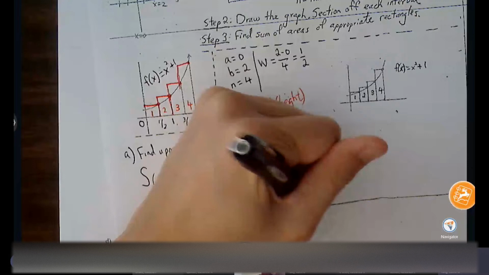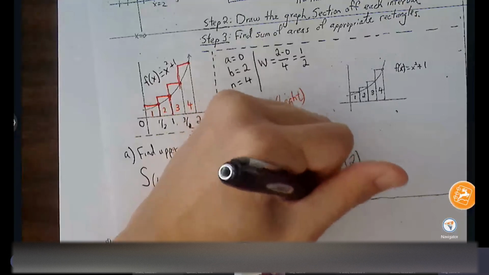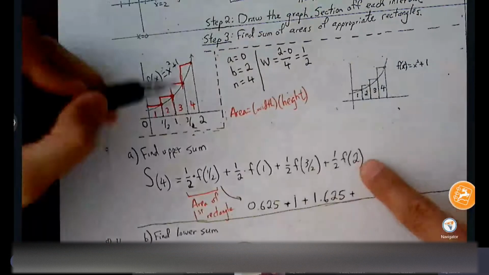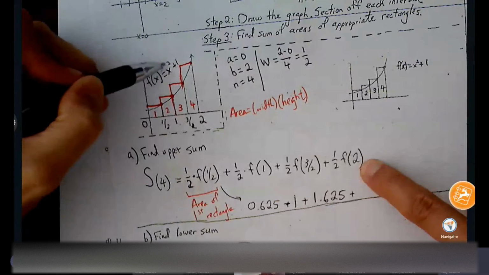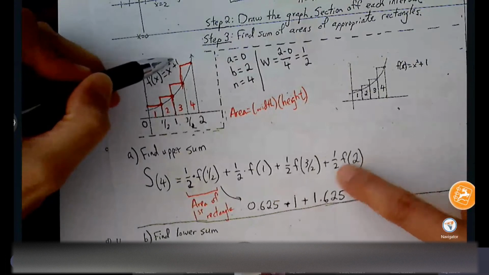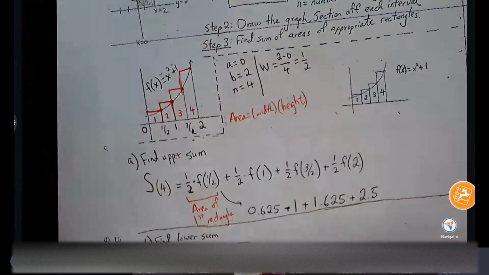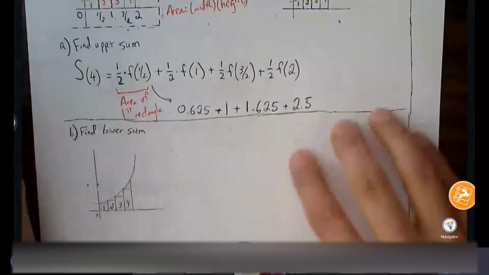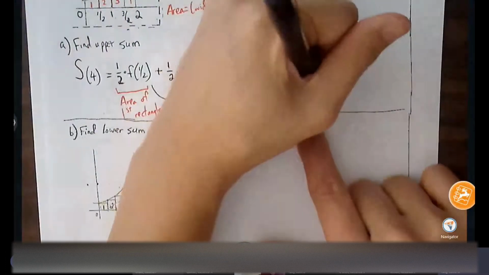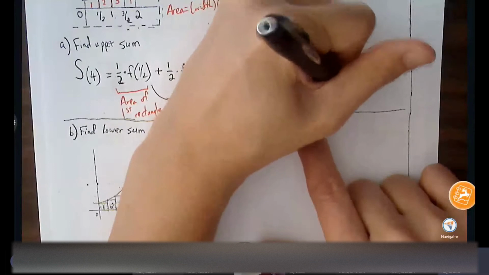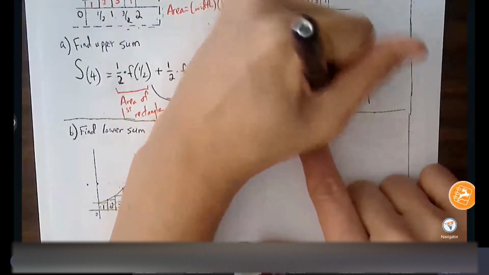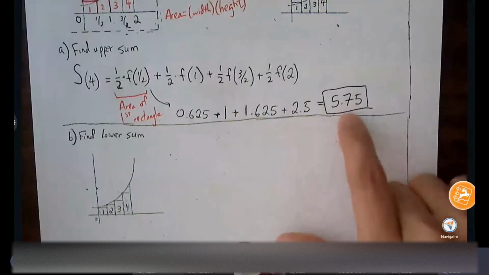Again, we're just making the calculator do all the work for us here. f of 2, 2 in for x, we get 2 squared, 4 plus 1 is 5. 5 divided by 2 is 2.5. We add up the areas of each individual rectangle, and we get 5.75. So we know that this is the upper sum.